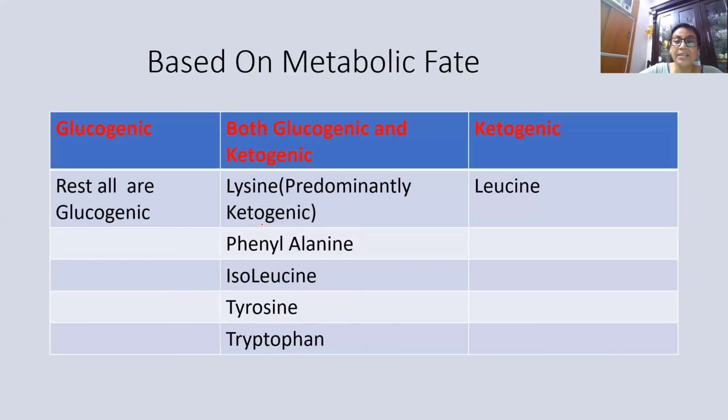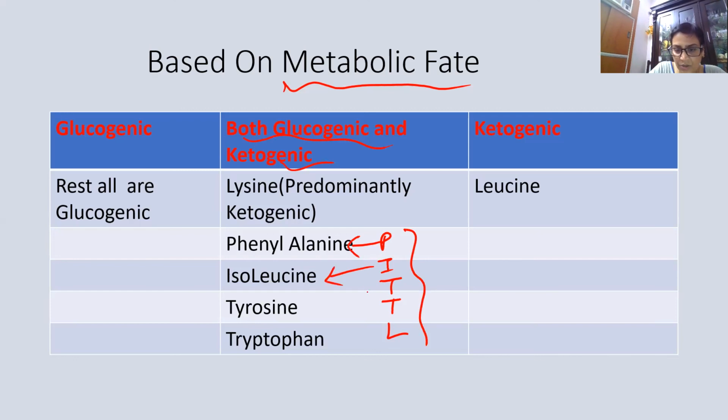Next class is based on the metabolic fate. Metabolic fate means what is the result of the metabolism in the body. So for glucogenic and ketogenic, the mnemonic is PITTL. Phenylalanine, isoleucine, tyrosine, tryptophan, and lysine.